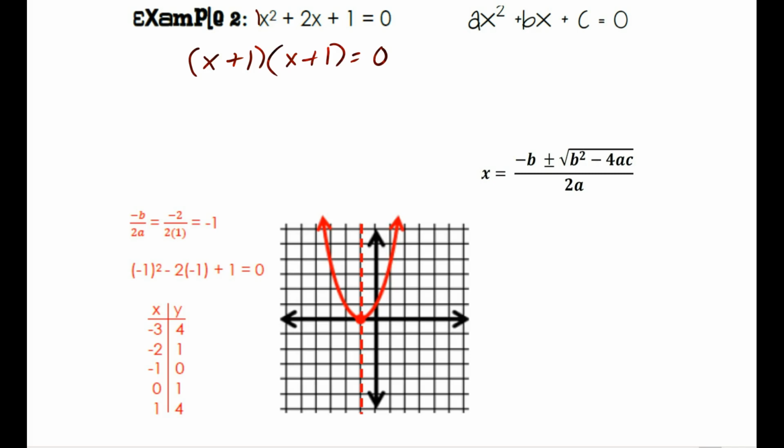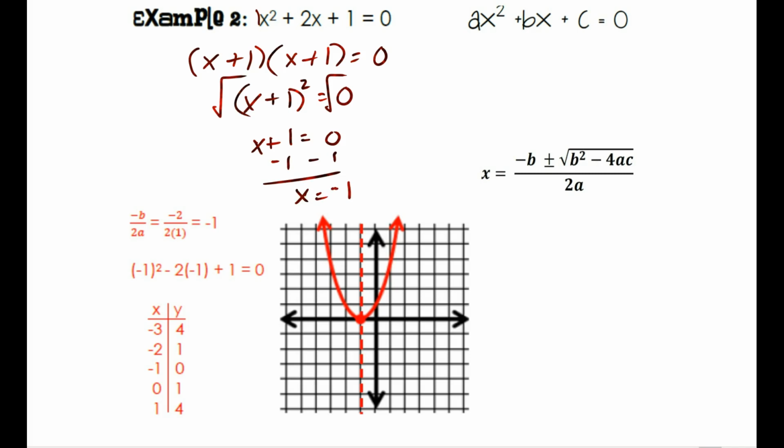I know this is a perfect square trinomial, which is really just x plus 1 squared is equal to 0, which pretty much tells me if I want to use the square root method and solve this, I can have x plus 1 is equal to 0. That's not positive or negative 0. It's just 0. So I subtract 1 and I get x is equal to -1.